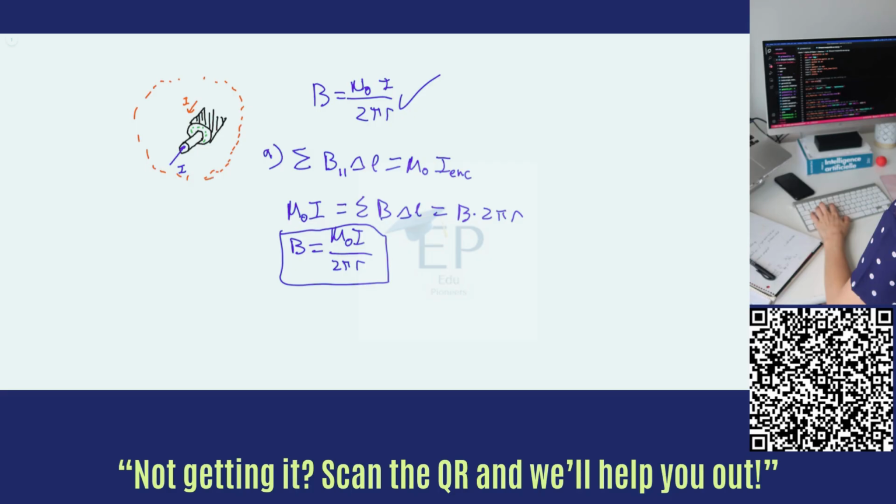And this radius goes all the way around the wire. And again, the wire and braid are long and straight, so our parallel component is just the whole component. And let's write this out.